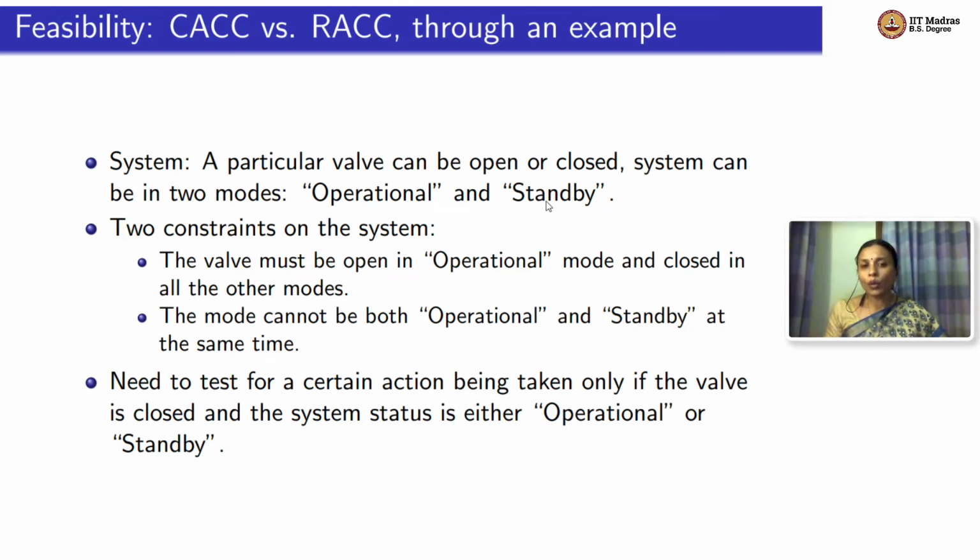So our requirement for testing is that we need to test for a certain action being taken only if the valve is closed and the system status is either operational or standby. Please keep this in your mind, because in the next slide, we're going to face it as a logical predicate. So our test requirement is a particular action is taken only if the valve is closed and the system status is either operational or standby.